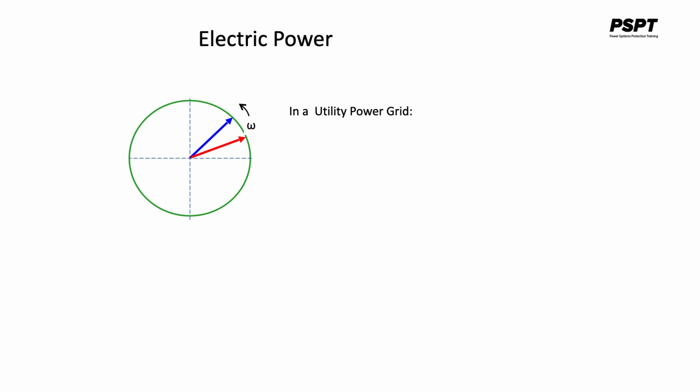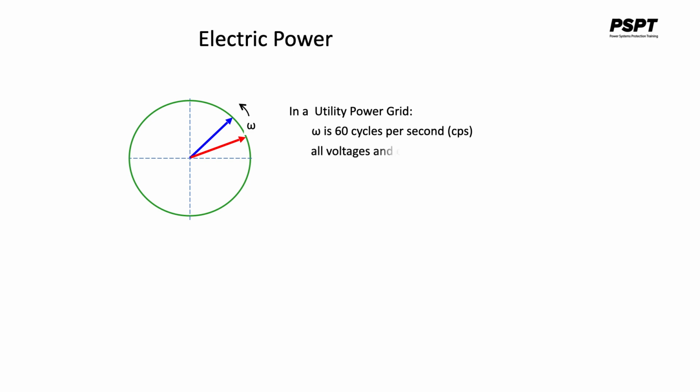In a utility power grid, omega is 60 cycles per second, or CPS. In some countries, such as in Europe, this is usually 50 cycles per second for the power grid there, but here in North America it's 60 cycles per second.